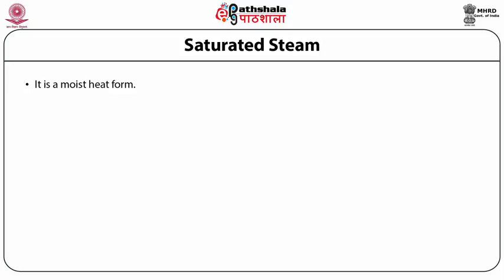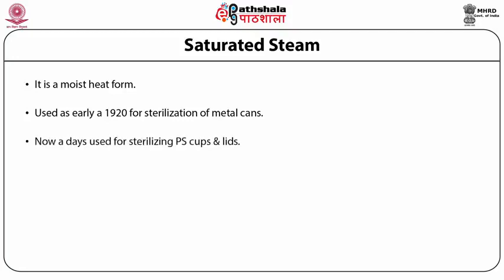Saturated steam is a moist heat steam. Sterilization of metal cans and lids by saturated steam was used as early as 1920 in the USA. It is also used today for sterilizing thermostable plastic cups to achieve tolerable destruction in the short time available in high-speed packaging machines.